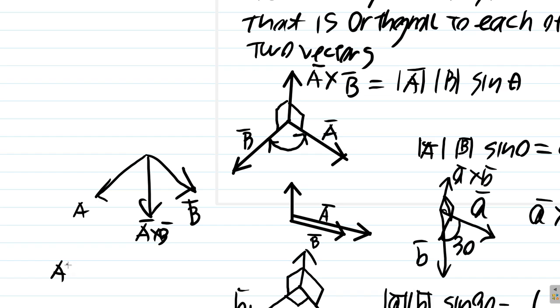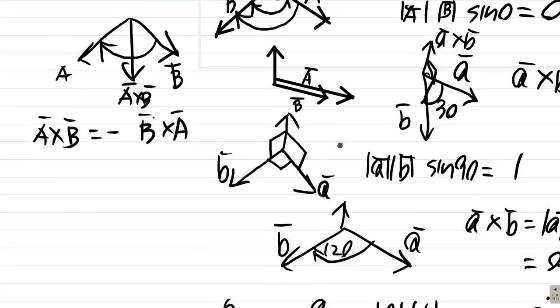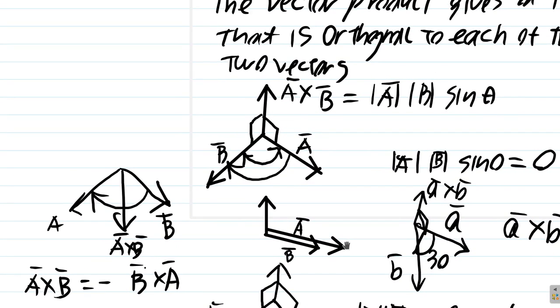So A cross B is the opposite of B cross A, because now we're going this direction from A to B, this would be B cross A. Right? And we'd have to turn the diagram upside down. So B cross A, when you turn direction, it would be down. Alright?